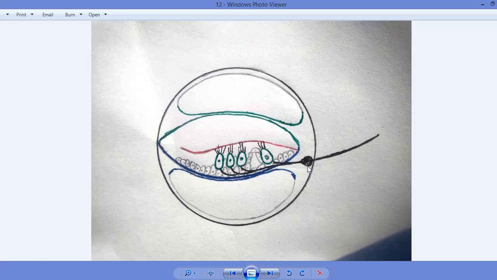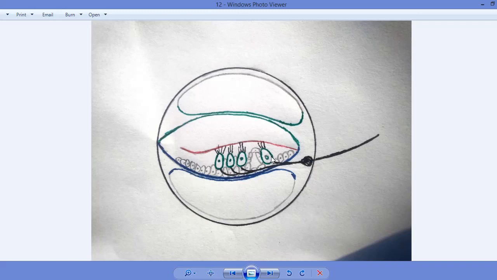And what is the function of the motor neuron over here? The function of the sensory neuron is to carry the sensory information of sound toward the brain, while the function of the motor neuron is to modify the sensitivity of these cells.